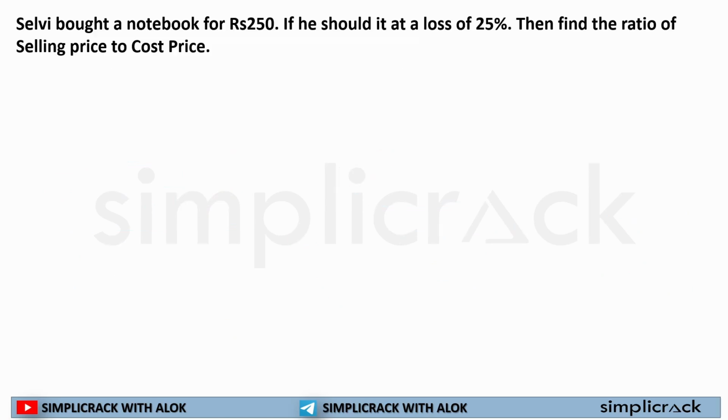Next question. Selvi bought a notebook for 250. If he sold it at 25% loss, then find the ratio of selling price to cost price. Very simple. I have already told you: cost price by selling price is equal to 100 by 100 minus x, because loss is there.